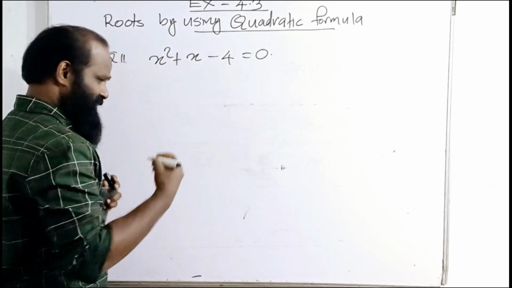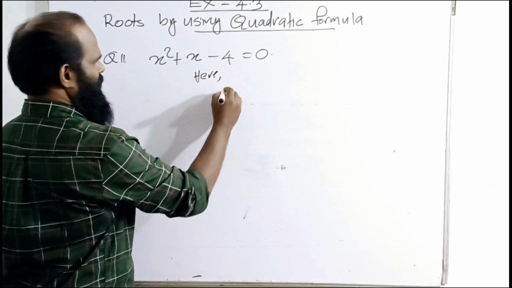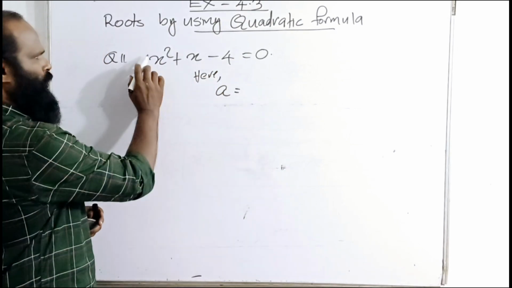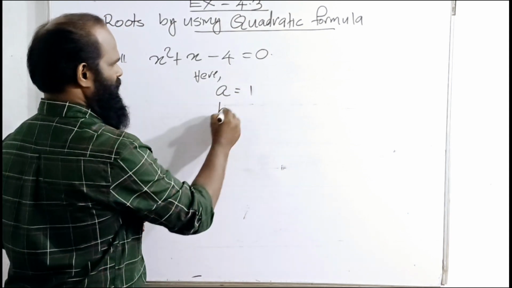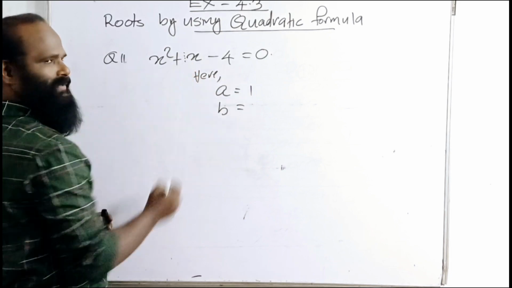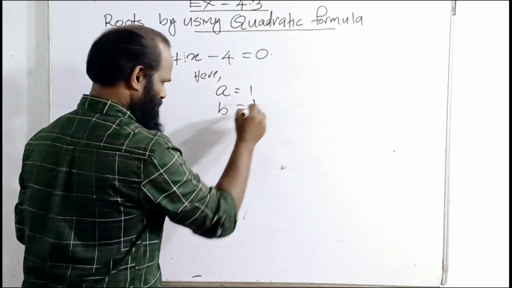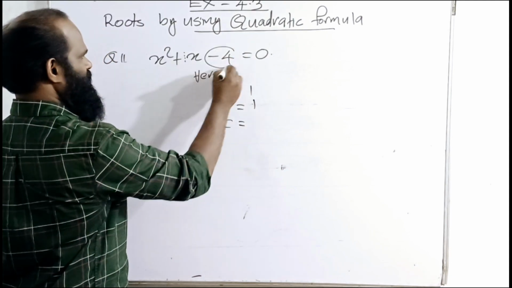Let's start straight away. Here, a is the coefficient of x square, that is 1. b, the coefficient of x. No number is seen here, that means that is also 1. And c is the last term, that is minus 4.